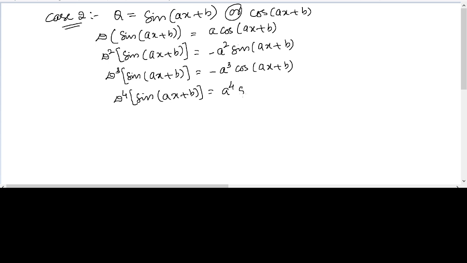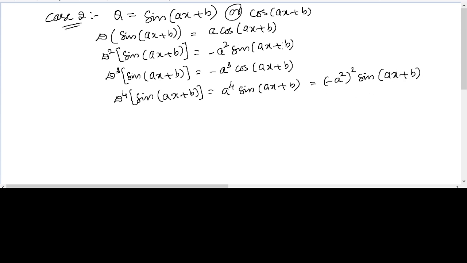The derivative of cos is sine of ax plus b into a, that a I have written as a cube here, and this a power 4 you can write as minus a square to the power square, into sine of ax plus b.